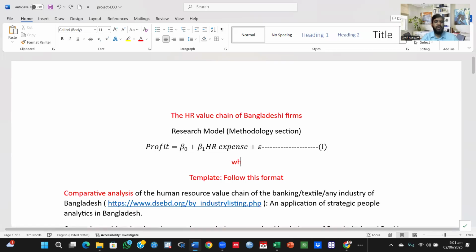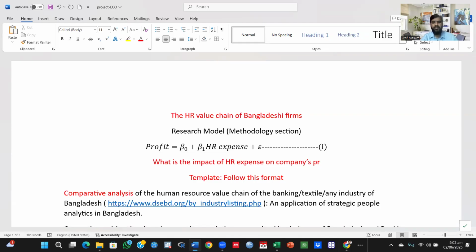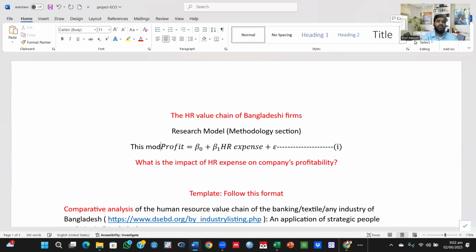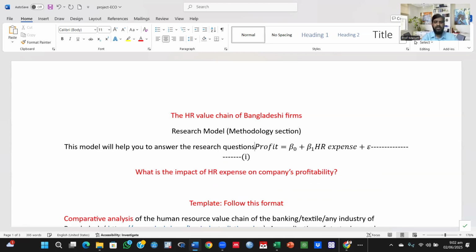Here your research question will be, what is the impact of HR expense on company's profitability? It will be a research question, and we are using this model to answer the research question. This model will help you to answer the research question. All right.